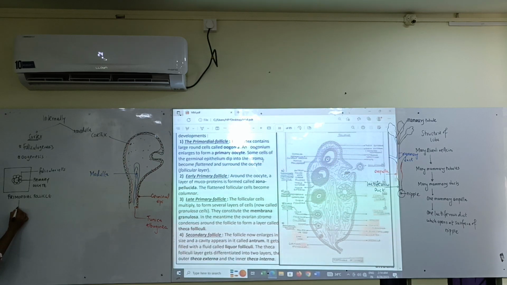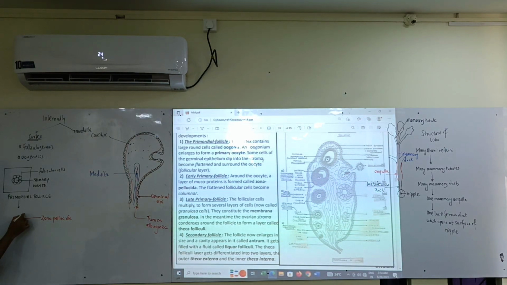Now see the change. Who is this? Primary oocyte. And this primary oocyte is surrounded by a glycoproteinaceous layer which is called the zona pellucida. What do you call it? Zona pellucida.